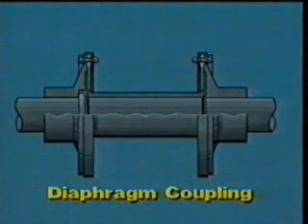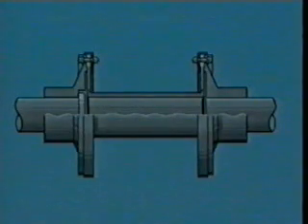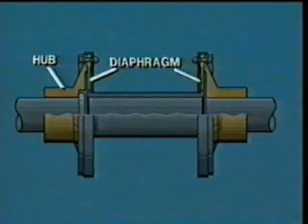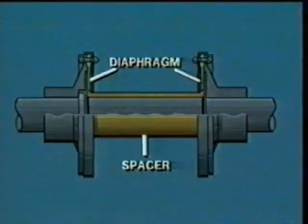The flexible diaphragm coupling is commonly used with turbine-driven compressors, where distortion due to heat is substantial. The flexible diaphragm coupling transmits power from the driver to the compressor using a solid, rigid hub on each unit. A flexible metal diaphragm is bolted to the outer rim of each hub, and a spacer connects the two diaphragms.